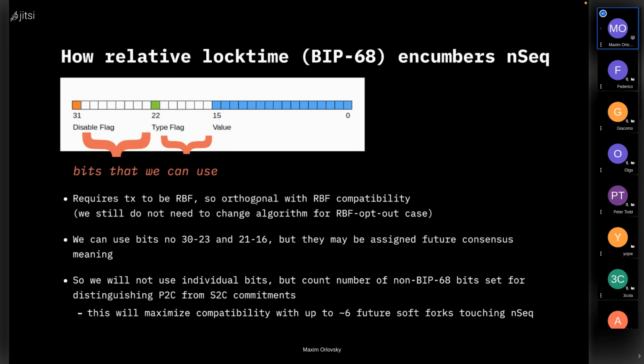The question is if you have two off-chain transactions. That's the more interesting situation, like in Lightning Network. You have a graph of transactions which is not yet mined.